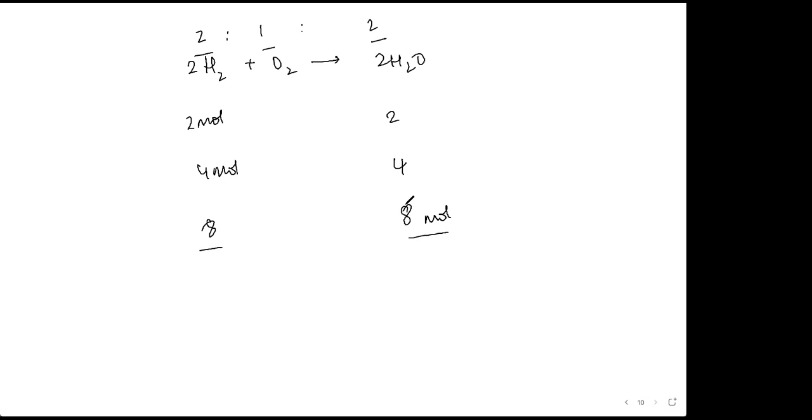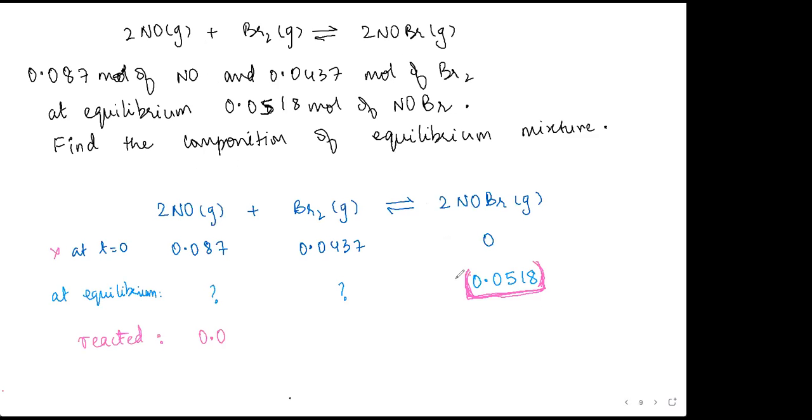If I have 8 moles of water, how many moles of oxygen was used up? 4, because for every 2 moles I want 1 mole. So if 8 moles were created, half of 8, so 4 moles, right? So same concept. I took whatever amount. I saw that 0.0518 is formed here. That means how much of NO was used up?